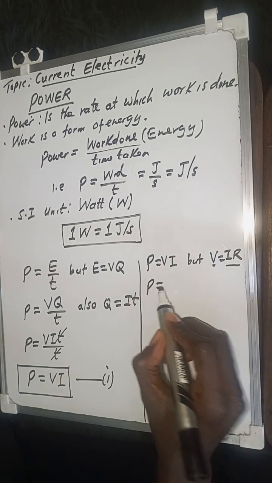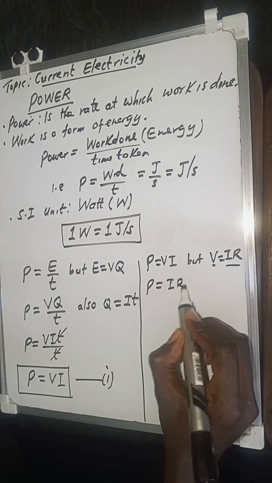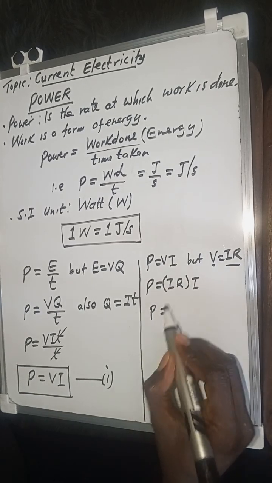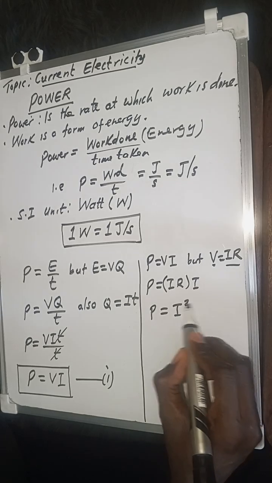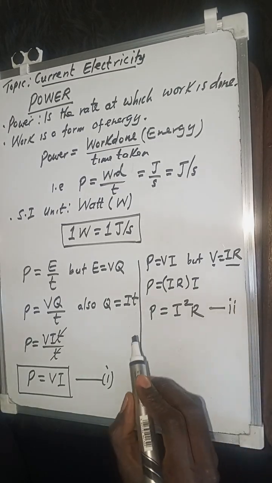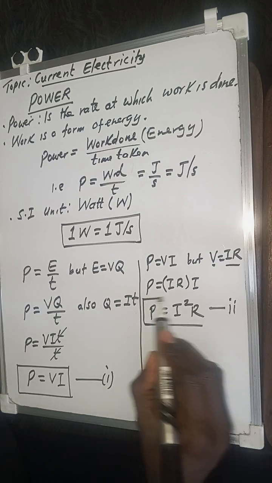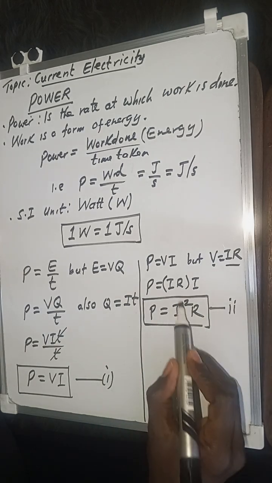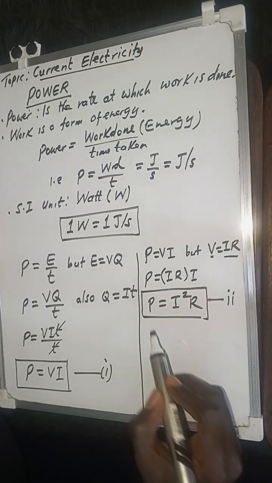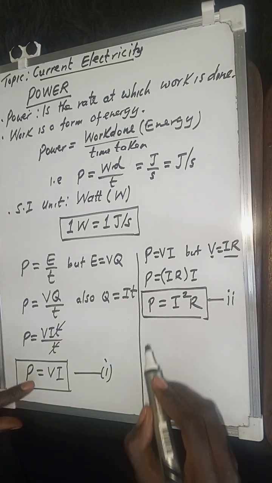So it will give us power is equal to IR, representing the voltage, times I. So power is equal to I times I, which gives I squared multiplied by resistor. Let me say this is a second important equation that you need to know. If you want to calculate power, if you know the current and the resistor, it is possible again to calculate the power.